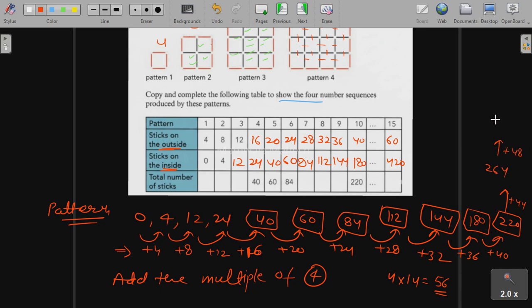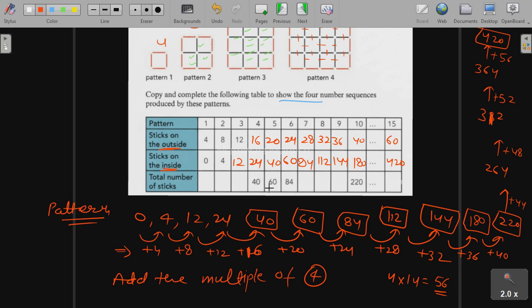If I add plus 48, I will get 312. If I add plus 52, I will get 364. If I add plus 56, I will get 420. Okay, so this is our 15th number, 420.